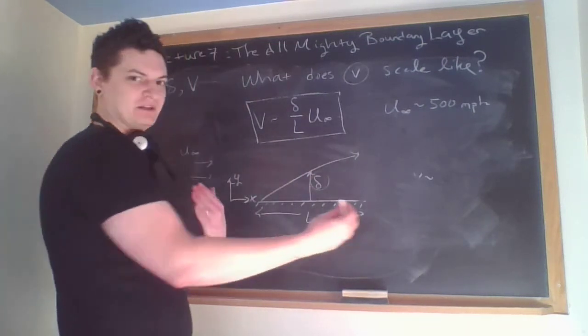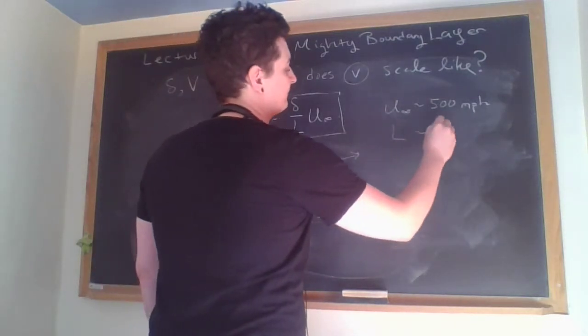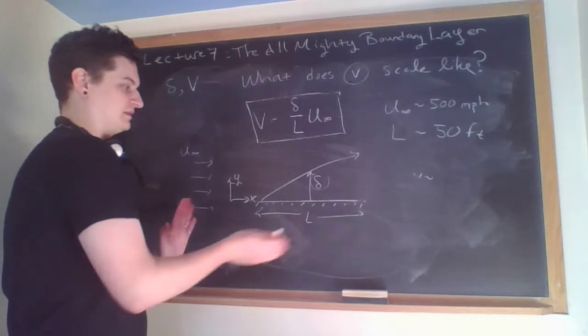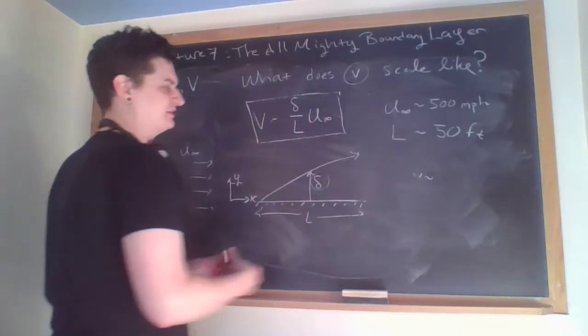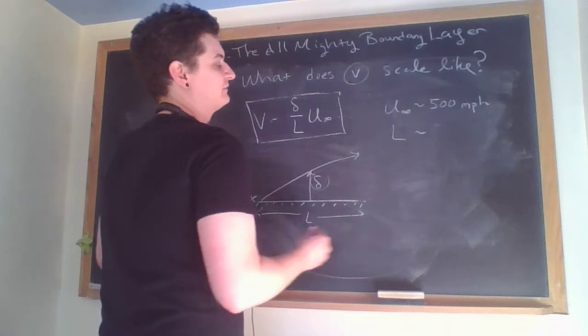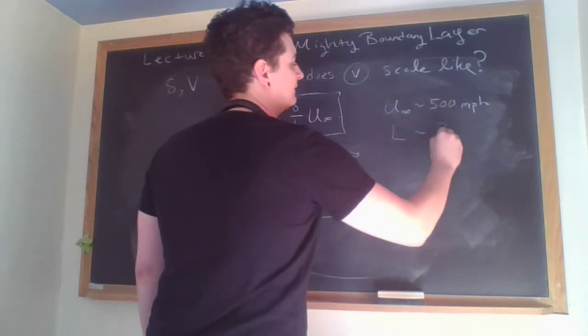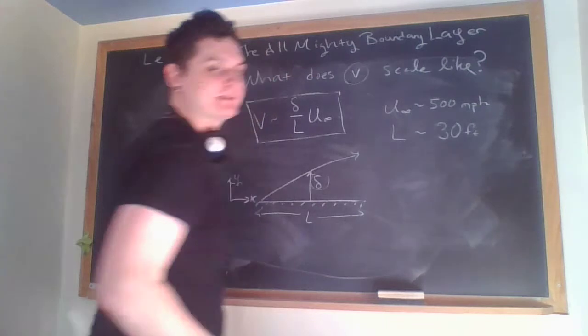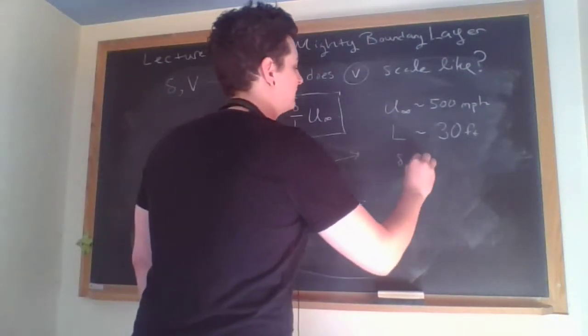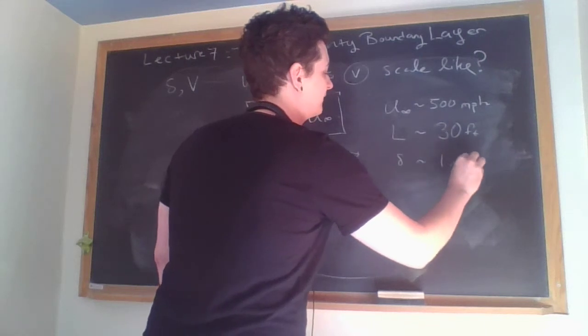So what's the length of a wing? Maybe that's not 50 feet. I don't know. What do you guys think it is? I'm talking about this. Let's say it's 30 feet. And then I already told you that this is like 1 millimeter.